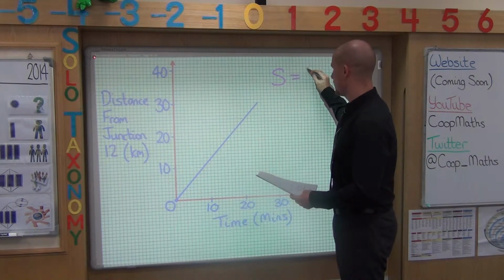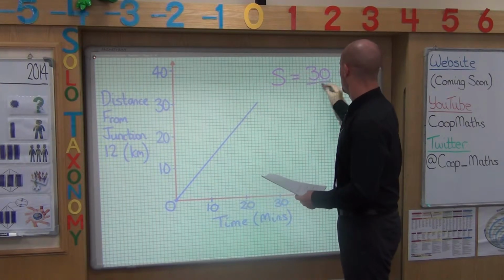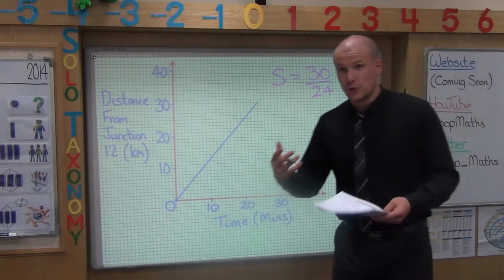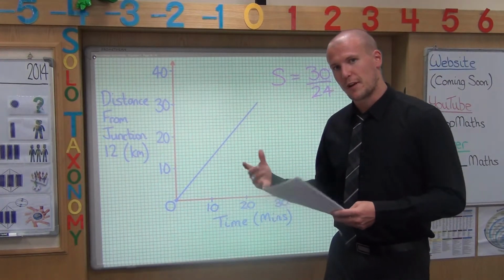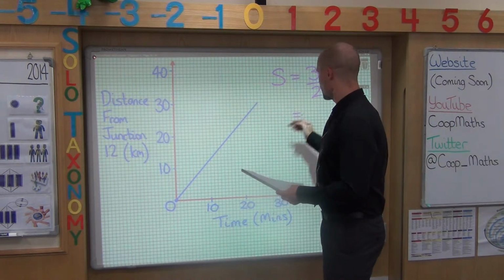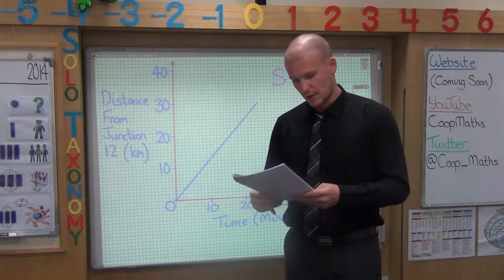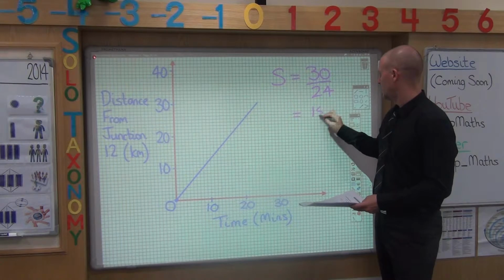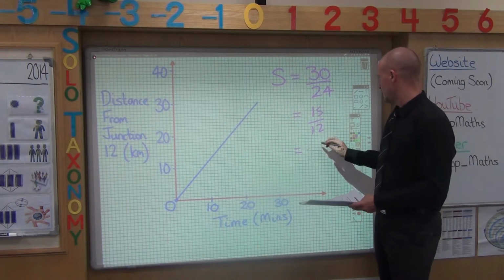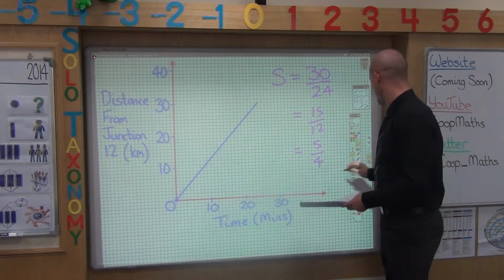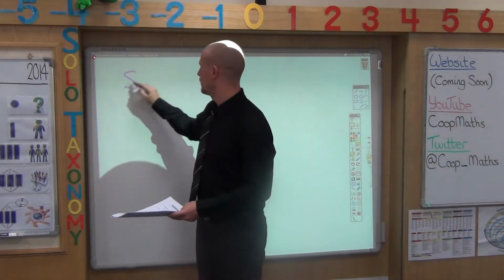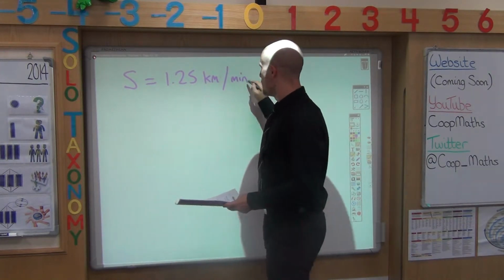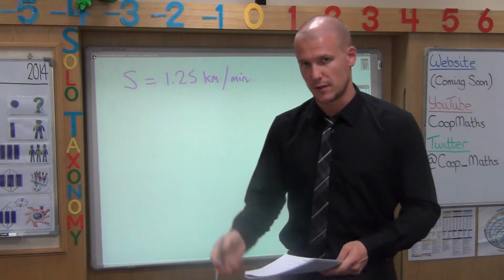which in this case is 30 kilometers over 24 minutes. You do 30 divided by 24, or you simplify that fraction until you get a nice answer. If you do 30 over 24 and break it down, you end up with 15 over 12, then 5 over 4. You end up with 1.25 kilometers per minute, because you're using the number 24, which is in minutes.